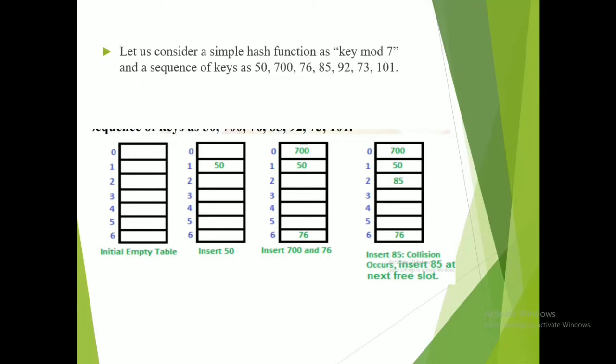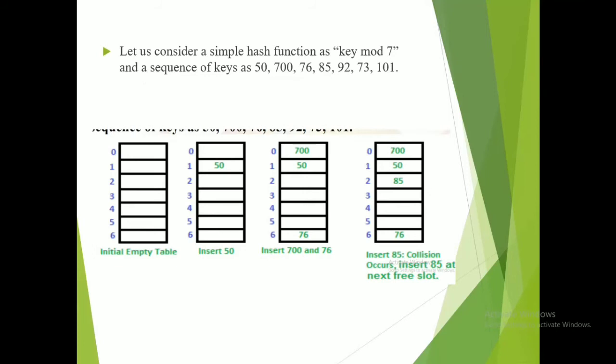Let's consider a simple hash function as k mod 7 and a sequence of keys as 15, 700, 76, 50, 85, 92, 73, 101. This is the initial empty table.